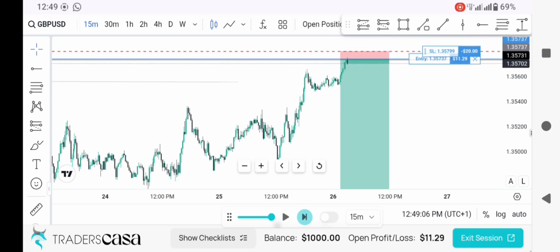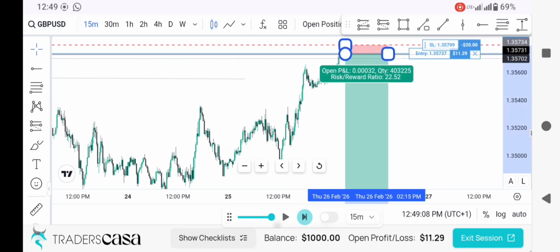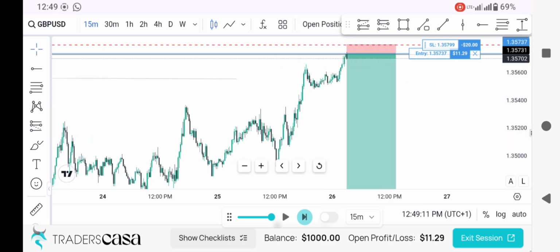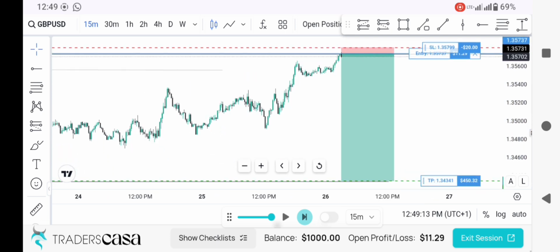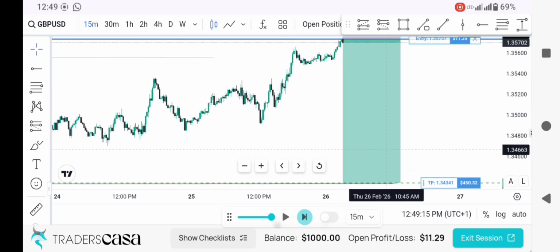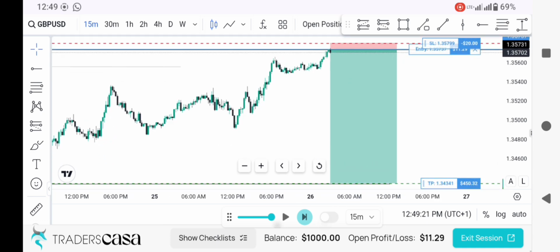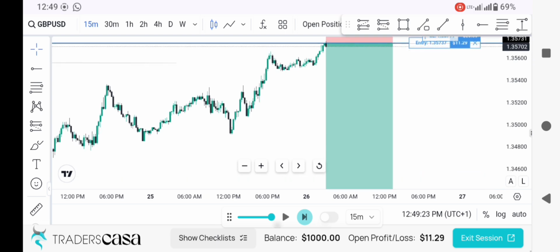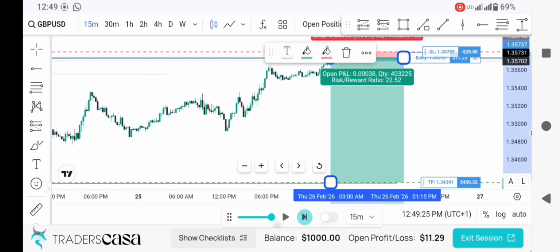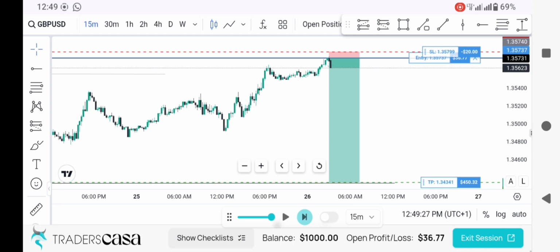As you can see right now on the price chart, this is during the Asian session, not the London session. As you can see, 3 a.m. Nigerian time, UTC+1 Lagos time. Let's play the price.